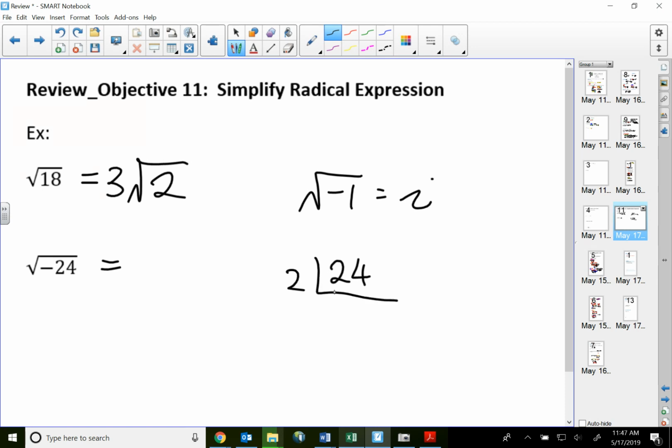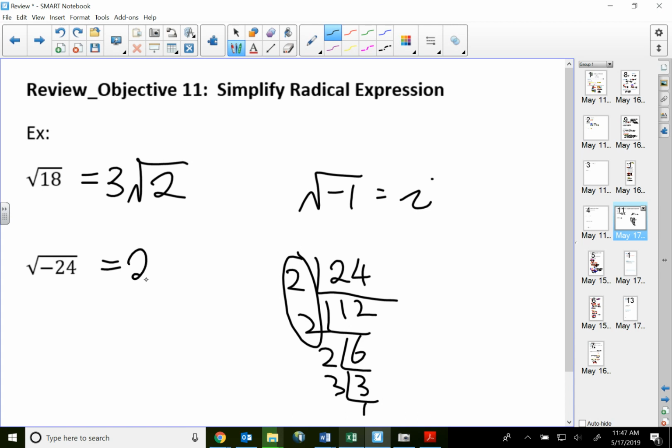I can use 2. 2 goes into 24 12 times, 2 goes into 12 6 times, and 6 is only 1 2 and 1 3. So these two 2's will go outside as one 2. The 2 and the 3 cannot go outside, so they have to stay inside, which will be 2 times 3, which is this 6 right here. So you can say 6 remains inside. The square root of negative 1 is an i.